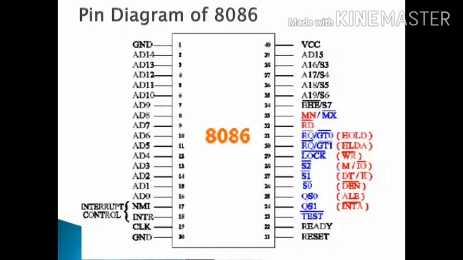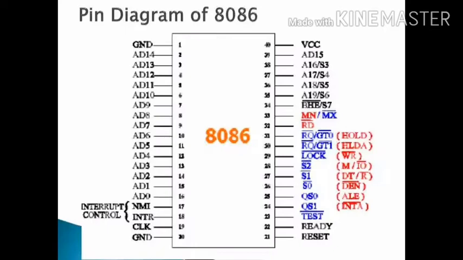So in minimum mode we have pin number 24, which indicates the interrupt acknowledge. It is related to the INTR pin at pin number 18. So if an interrupt INTR is activated by any input output port and there is no non-maskable interrupt at the same time, then the microprocessor will finish the instruction which it is executing and gives logic 0 on the INTA pin.